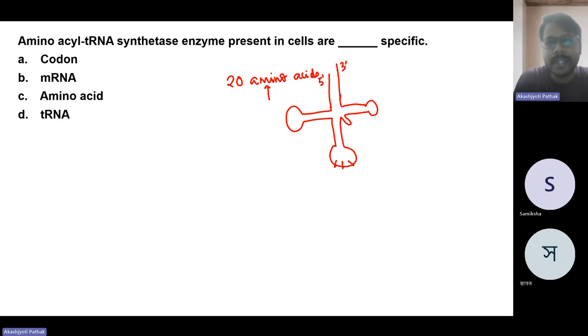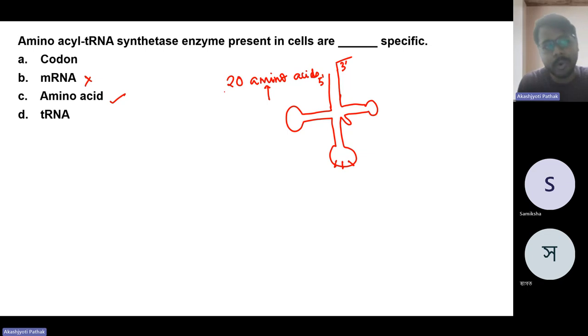For attaching the particular amino acid to the tRNA molecule, you require an enzyme called amino acid tRNA synthetase. These enzymes present in cells are specific for different amino acids, not mRNA.